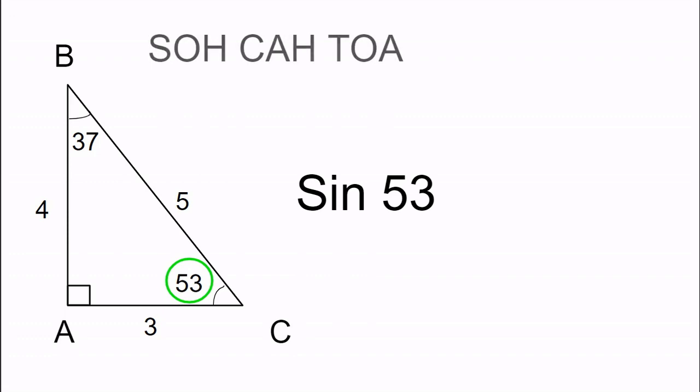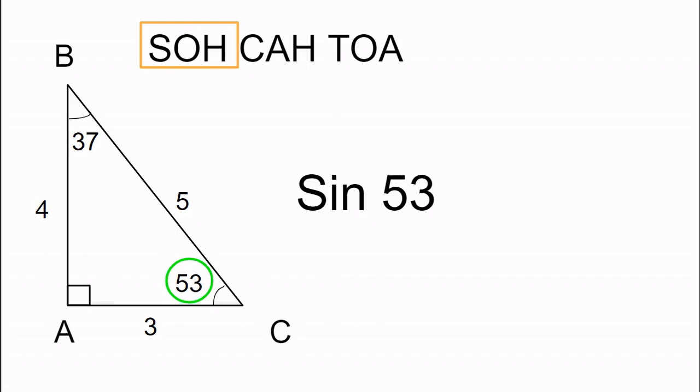Well, you would use this right here, SOHCAHTOA, and this is just an acronym. So the S in SOH stands for sine, and since we're doing sine, we'll just focus on the SOH. So the S means sine, the O means opposite, and the H means hypotenuse. So what this is saying is that sine equals opposite divided by the hypotenuse.